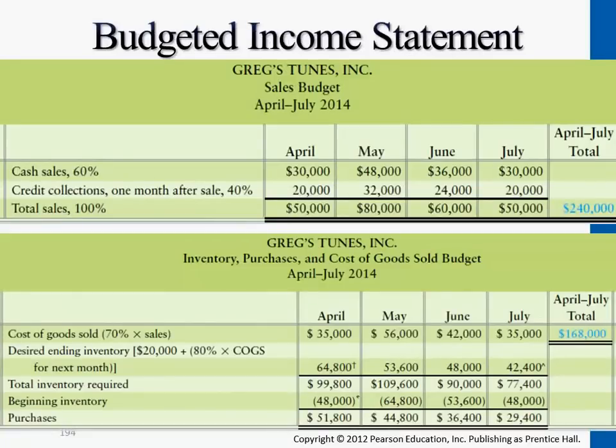Okay, so just to review very quickly, first table we just went over is sales budget. So you have at the end the blue line you want to transfer to income statement, the $240,000. Middle table here, for income statement, you will only need to pull $168,000 cost of goods sold portion. All the others are still important, but we're learning this later when we get to balance sheet, cash budgets.